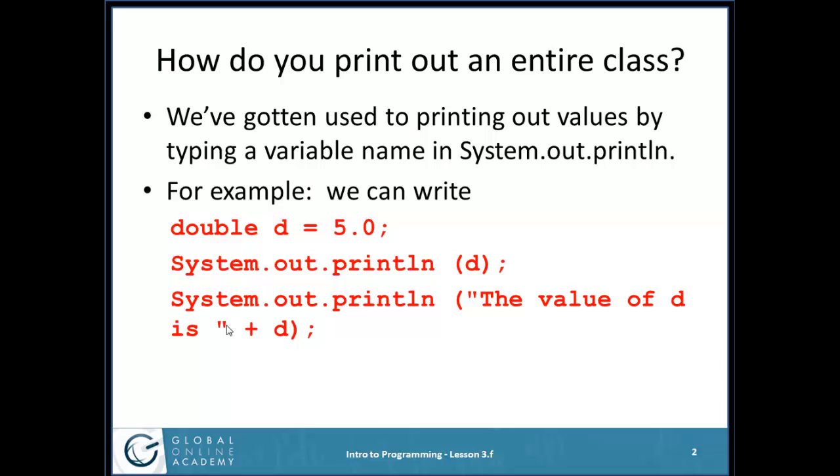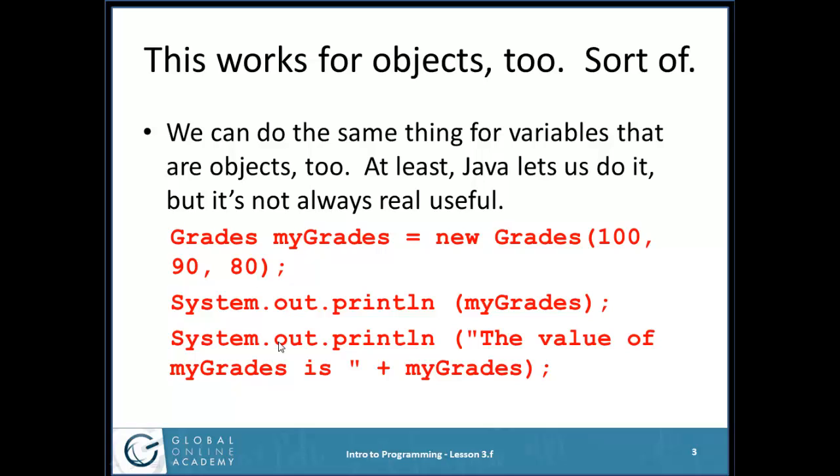d automatically gets turned into a string when a string is the appropriate thing to use, like when you're printing something out. Well, this works for objects too, automatically. Sort of. We can do the same thing for variables that are objects as we can for variables that are doubles or ints. At least Java lets us do it, but it's not always real useful.